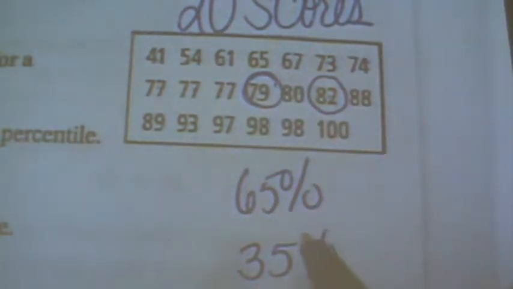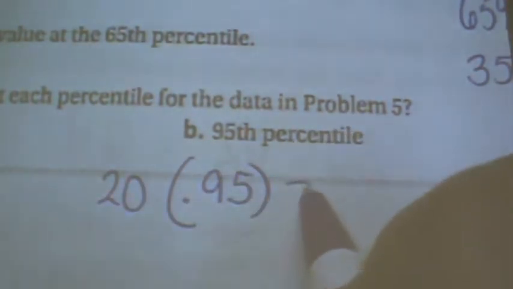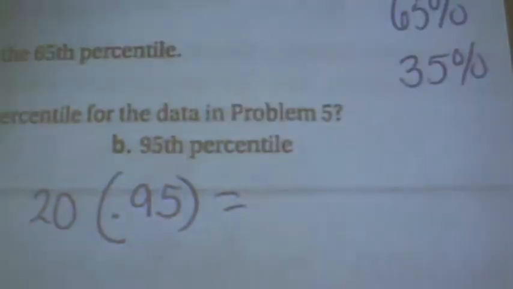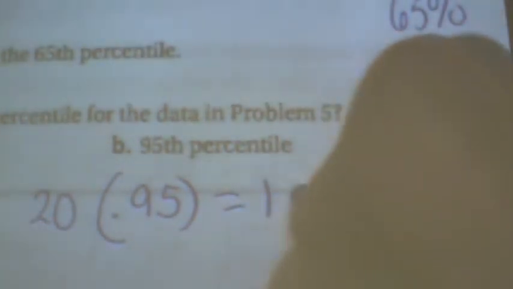Does that make sense? And then the last one, the 95th percentile. You're going to take 0.95 and multiply it by 20. You get 19.